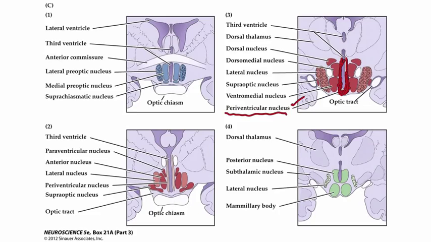Well, moving on just a bit more lateral, in the color code here, these would be these darker solid shaded regions in here. We have a variety of interesting nuclei that do all kinds of different functions. Let me just highlight a few of them. There is a set of nuclei called the paraventricular nucleus and the supraoptic nucleus.